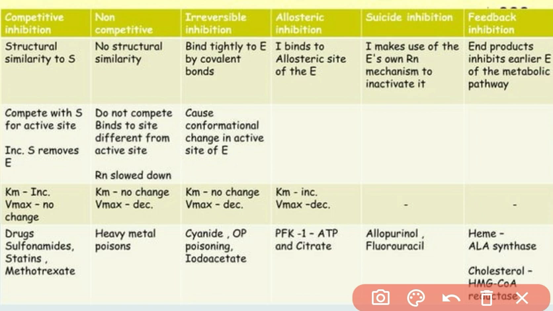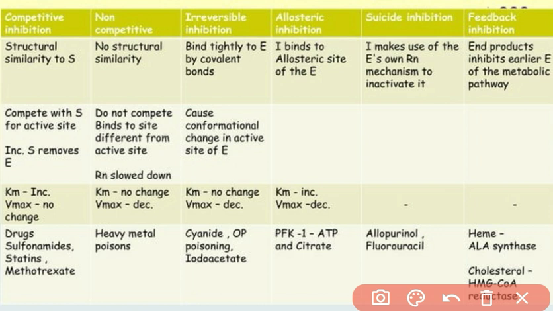In irreversible inhibition, same as non-competitive, no change in Km but Vmax decreases. In the presence of an allosteric inhibitor, Km increases and Vmax decreases. And in the last column, the examples are there.